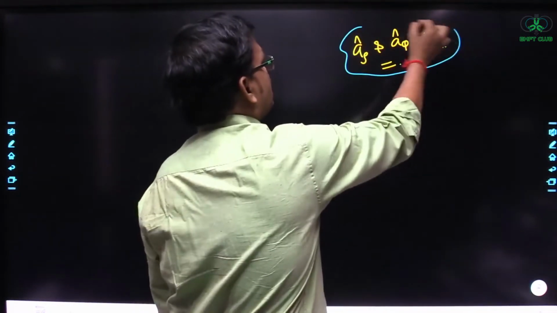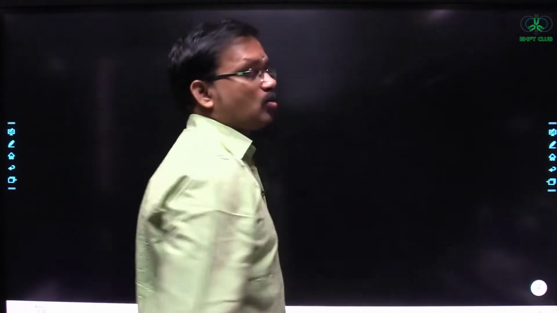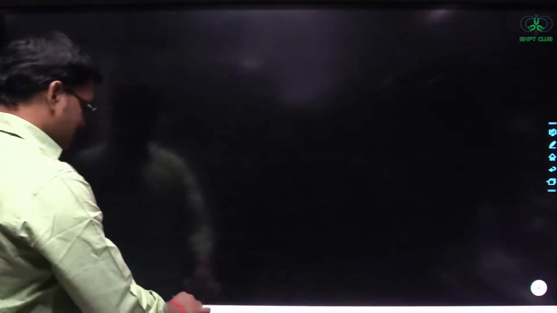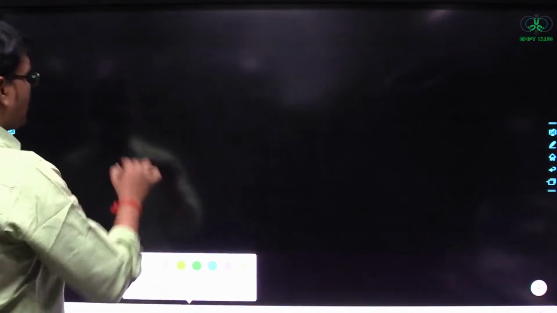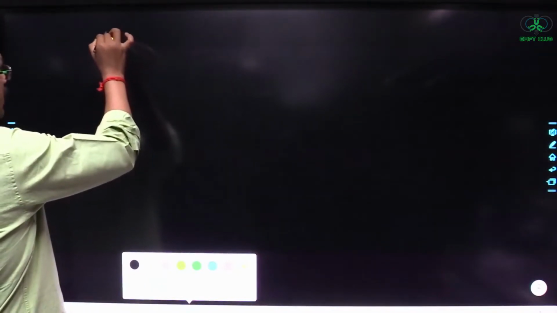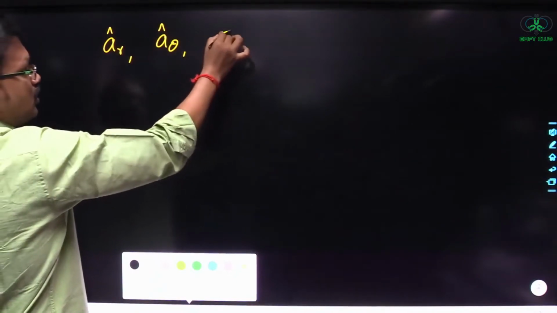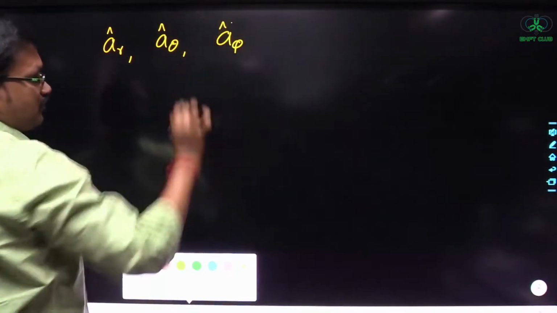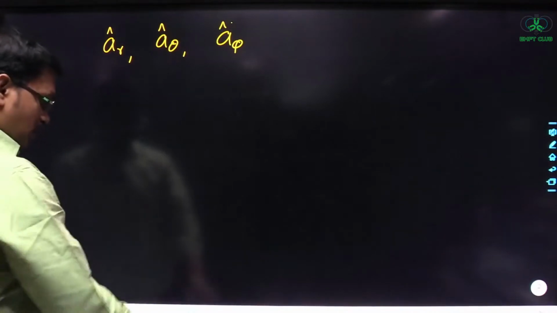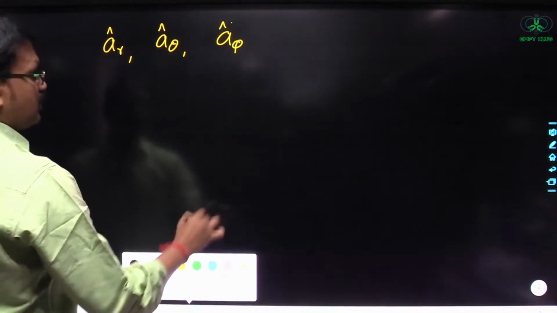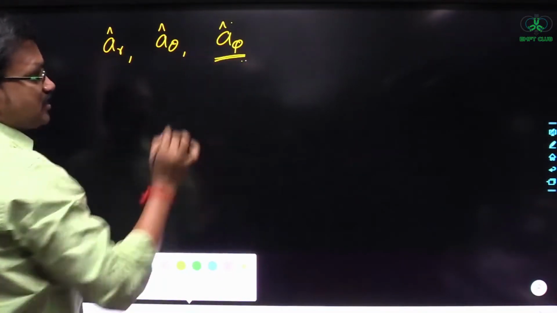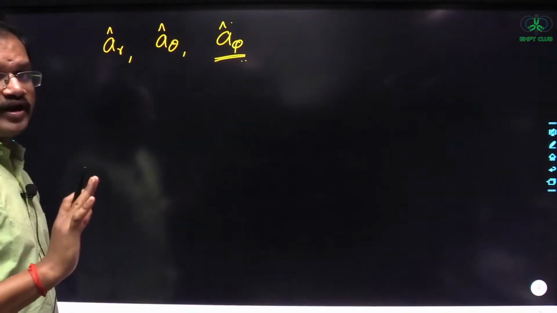So here also, in the spherical coordinate system, what are the unit vectors we have? The unit vectors are a_r cap, a_theta cap, and a_phi cap. The definition of a_phi cap will remain the same as in the cylindrical coordinate system.